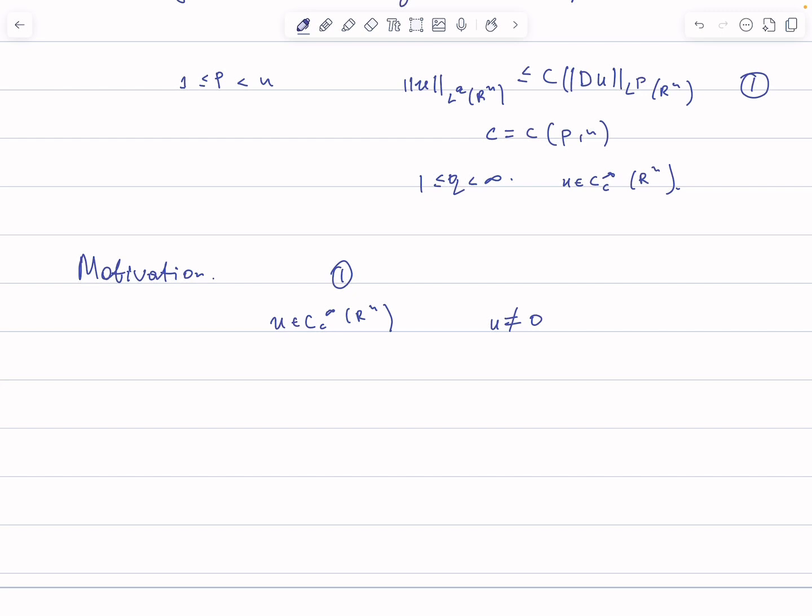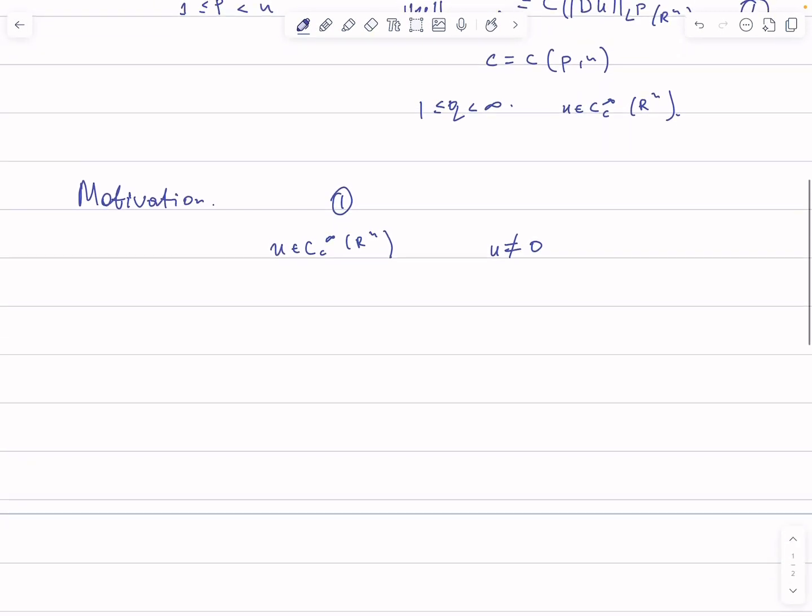So first we define the scale function. We have u_lambda of x, which is equal to u(lambda x). This is the scale function, defined for all lambda.